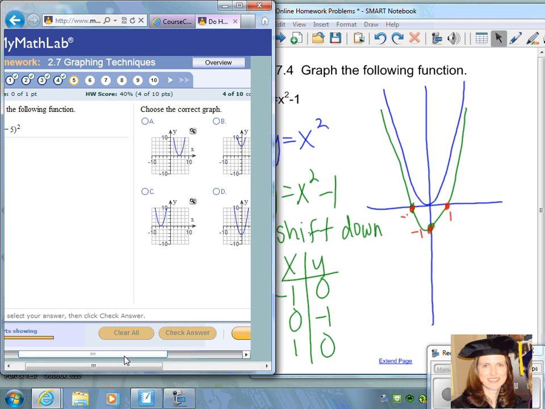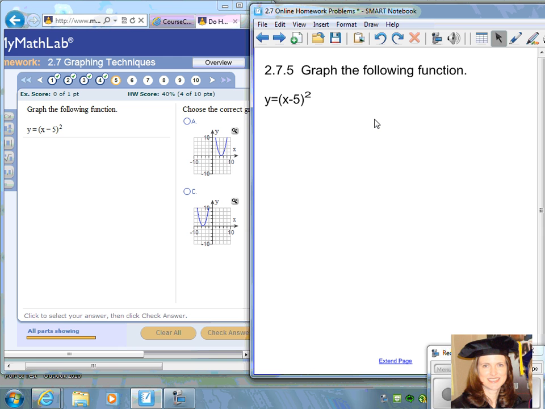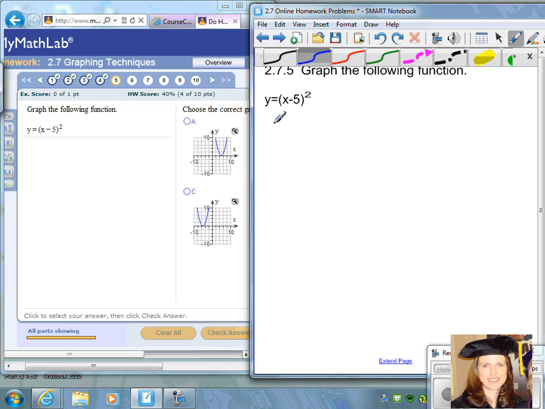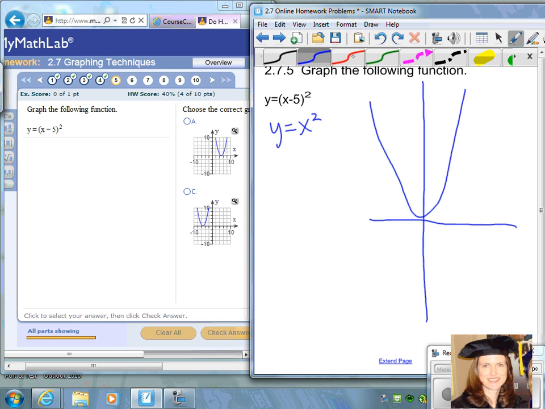Looking at number 5, here's another one. We want to graph this function, which is our basic function y equals x squared, but it's been transformed with a -5 on the inside of the parentheses. So our basic y equals x squared graph is a parabola that opens up. And then what happens with this new graph?